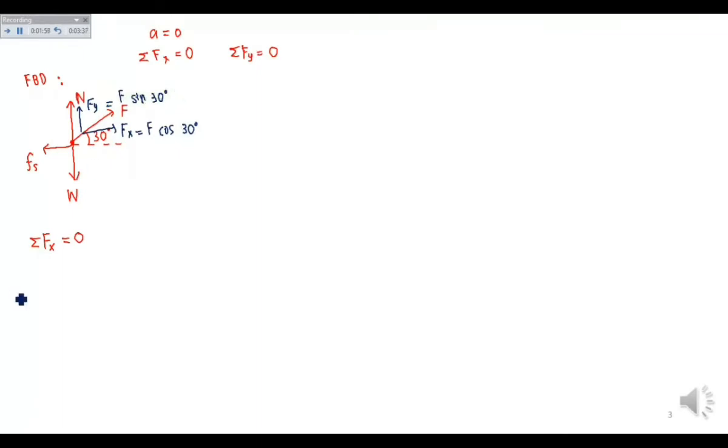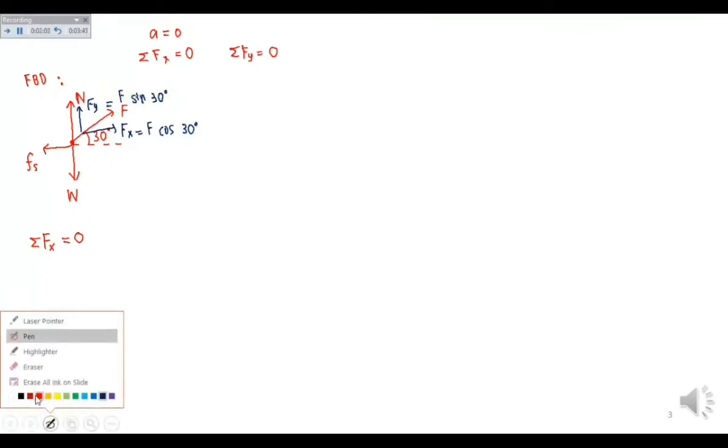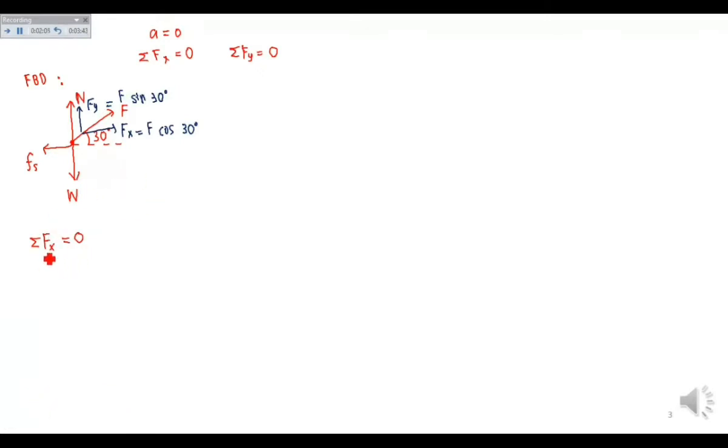Okay, so now let's solve our equation. Summation Fx equals 0. So forces acting in x direction based on this free body diagram, we have Fx and Fs. So Fx minus Fs equals 0.